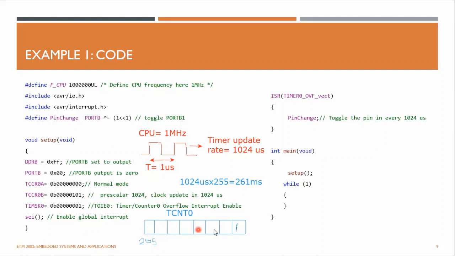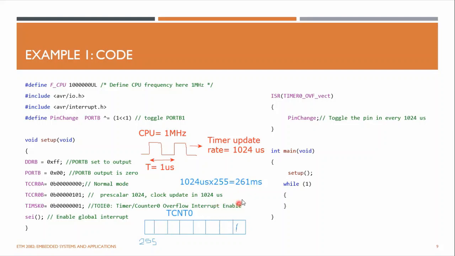So now we can calculate the time that it takes to overflow this 8-bit register. The maximum value is 255, and to update this timer by 1 it takes 1024 microseconds. So 1024 times 255 is approximately equal to 261 milliseconds.